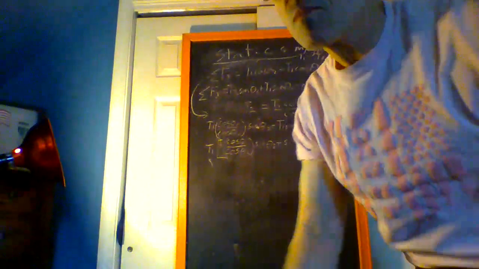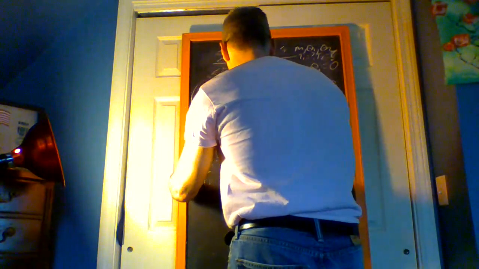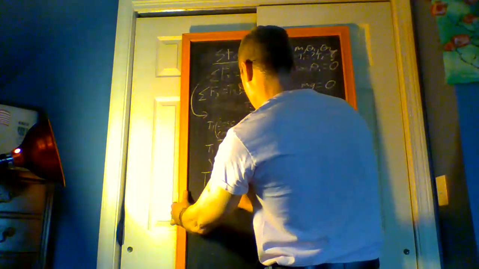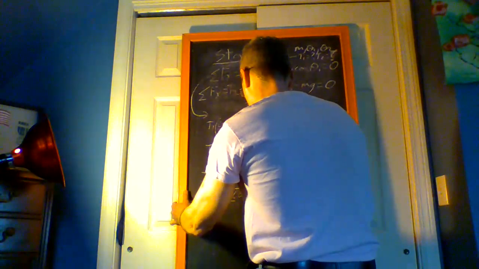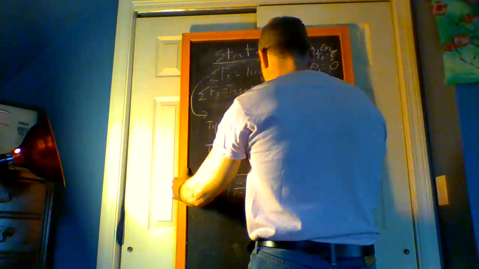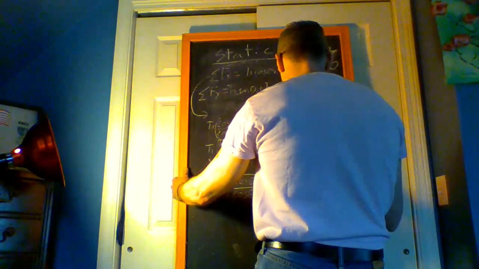What I'm going to do is, for T1, you have to divide by this whole term, which I'm going to skip, and I'm just going to write the whole final thing. So T1 is equal to mg divided by this whole big thing: cosine theta 1 over cosine theta 2, times sine theta 2, plus sine theta 1.